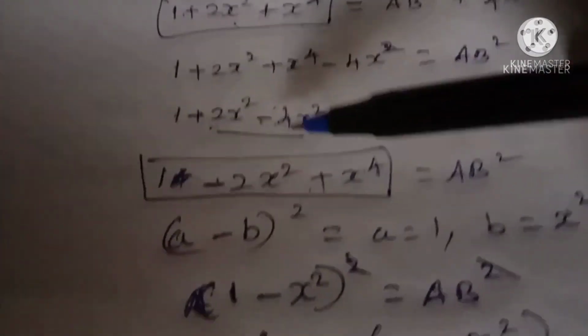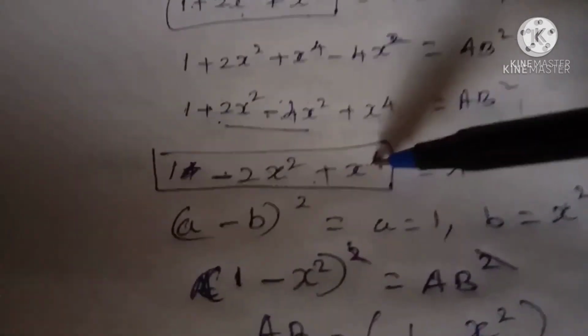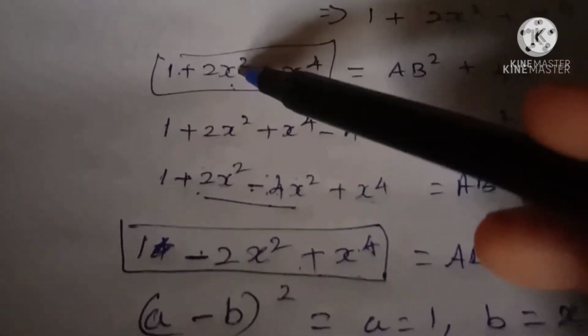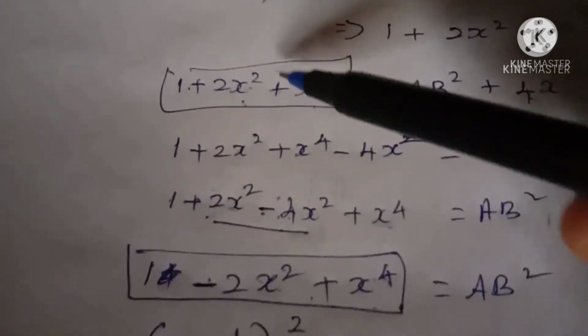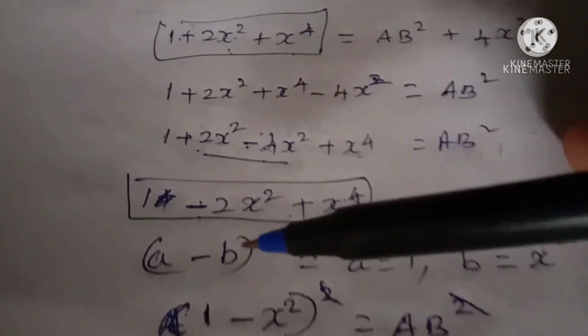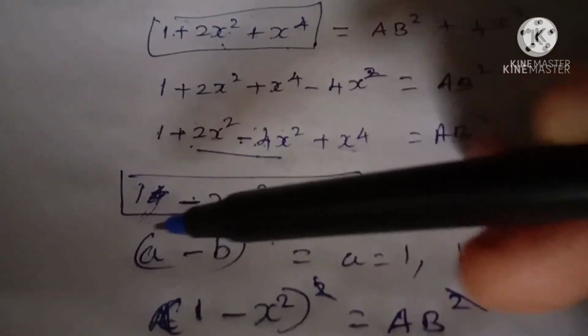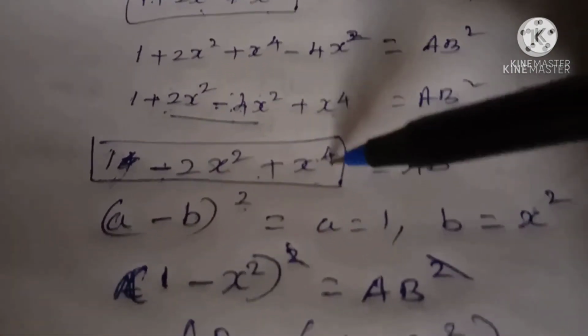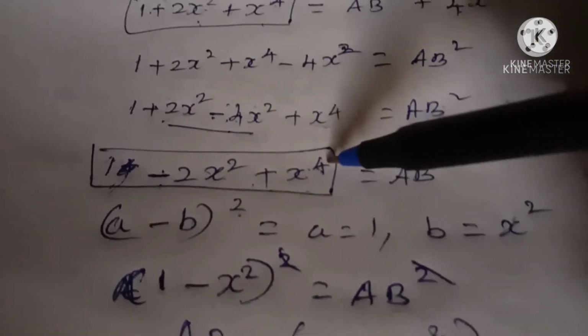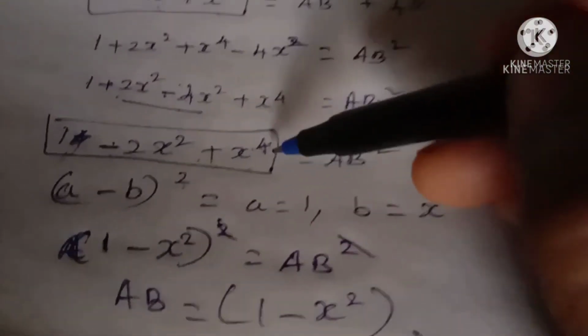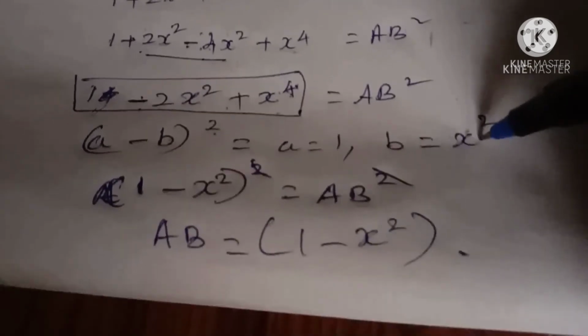If you see, after simplifying you are getting 1 minus 2x square plus x power 4, which is the same as the identity 1 plus 2x square plus x power 4. Only thing, instead of plus they have given the minus. Therefore the identity is a minus b the whole square. A value is 1 and b value is x power 4, which means square root of x power 4 is x square.